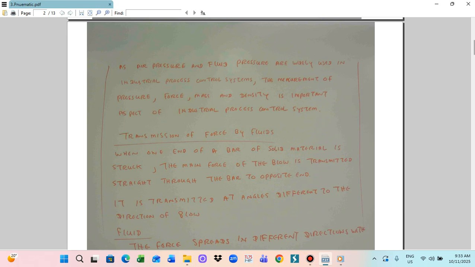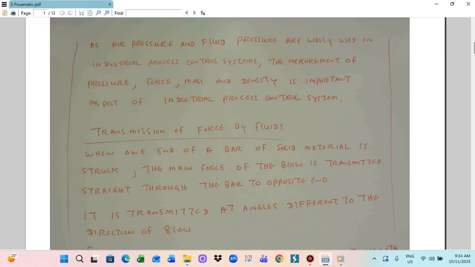Air pressure and fluid pressure are widely used in industrial process control systems. The measurement of pressure, force, mass, and density is an important aspect of industrial process control.